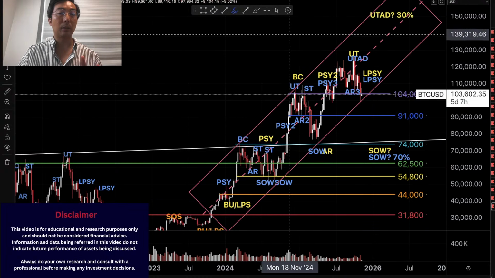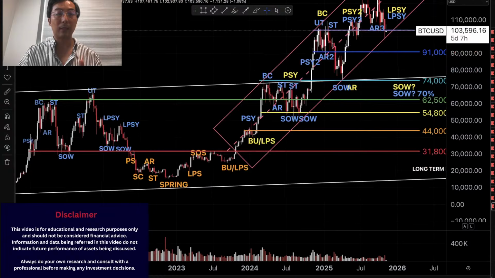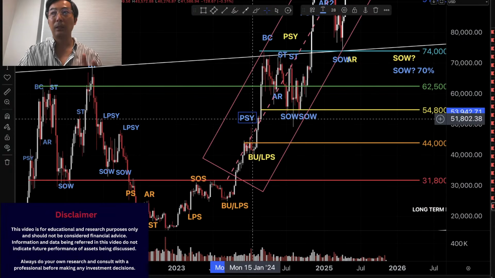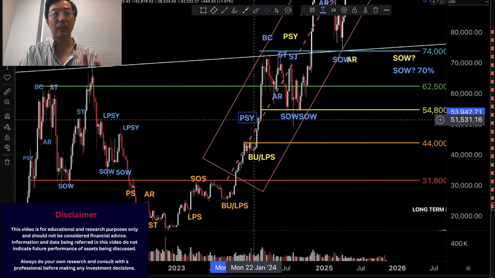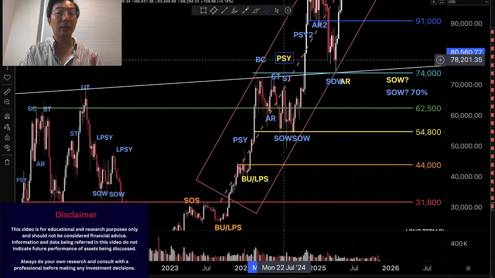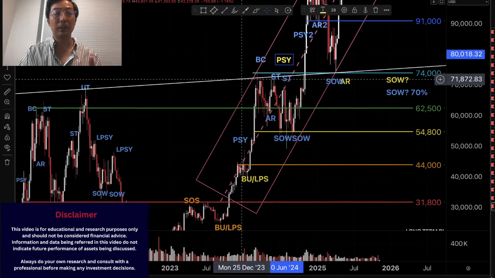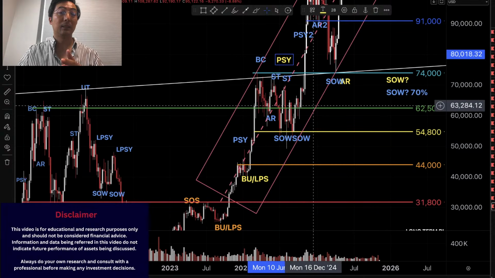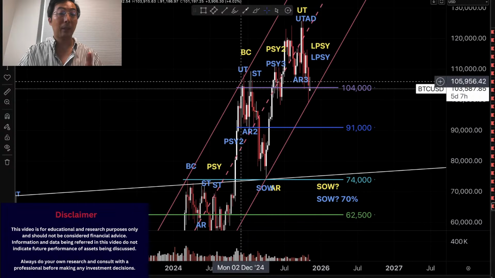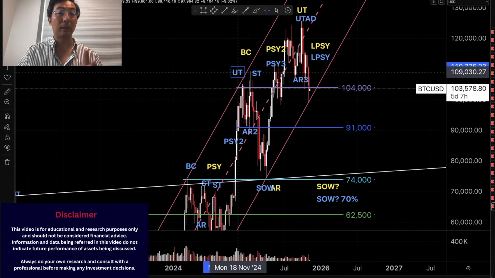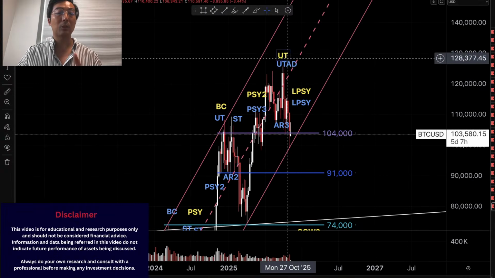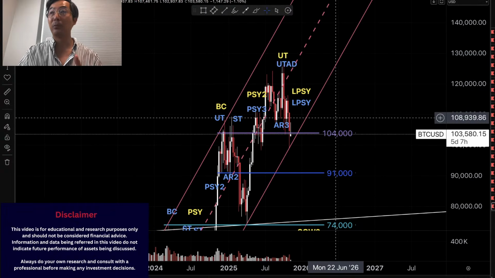The consideration for the blue scenario is that the PSY, the preliminary supply, happened somewhere here in February 2024. For the yellow scenario, it considered that entire period a PSY. Okay, the actual buying climax happened back in December 2024, where in the blue scenario that's considered an upthrust. That's why the yellow is 1 stage later than the blue.